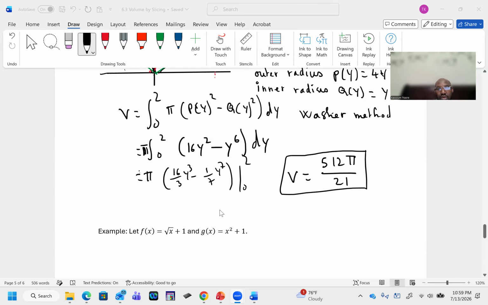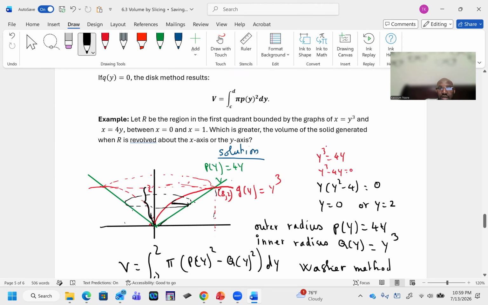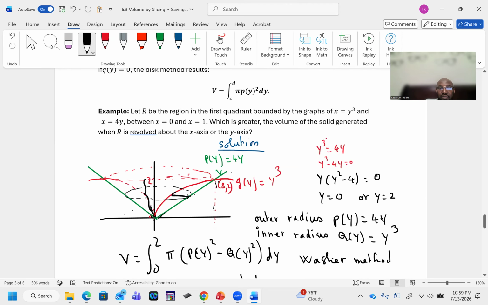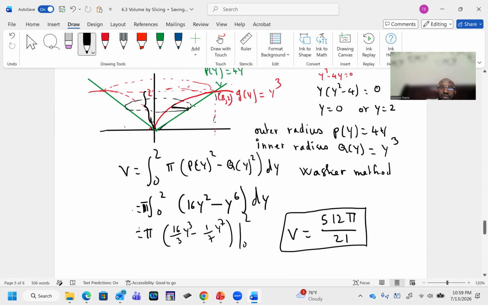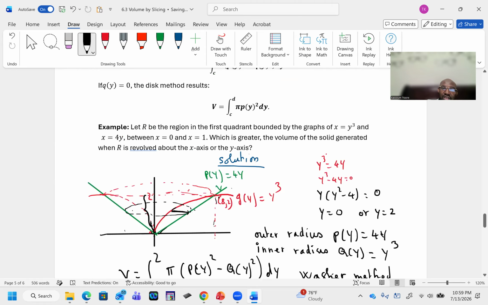So now look, this is when it's revolved about the y-axis, right? When it's revolved about the y-axis, that's what we just did.